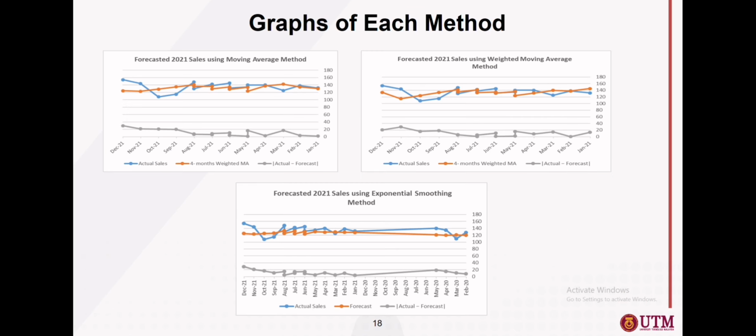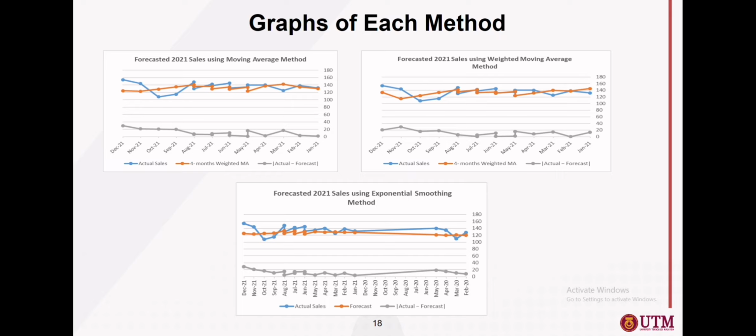Here are the graphical results for these three methods. For the forecasted 2021 sales using the moving average method, as you can see here, the blue line for actual sales is between 120 to 104, and the monthly average, which is the red line, is between 120 to 140.